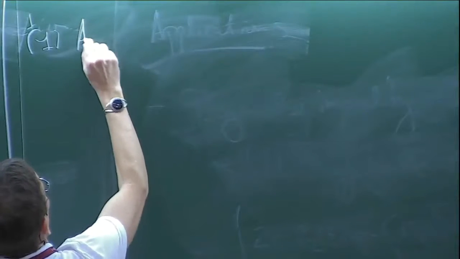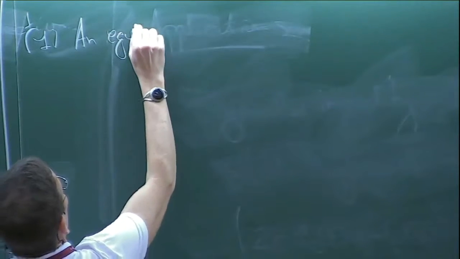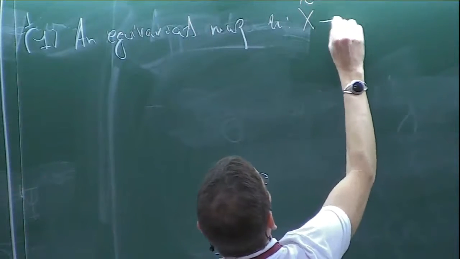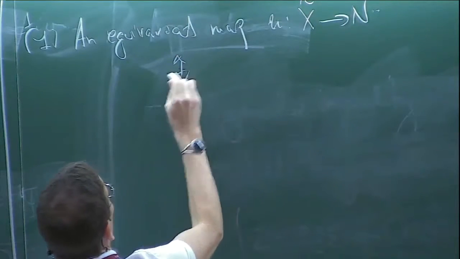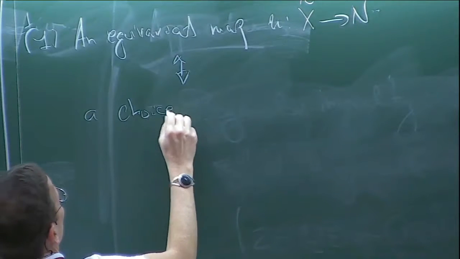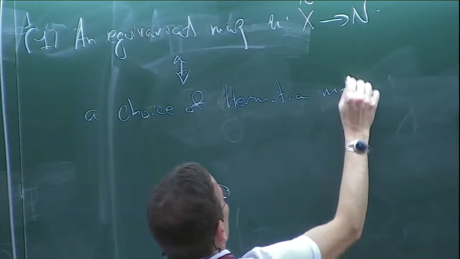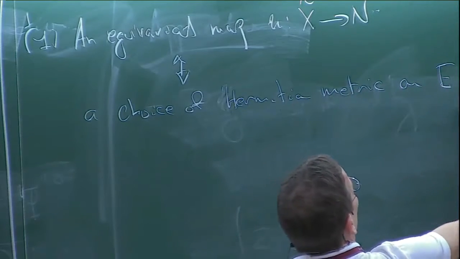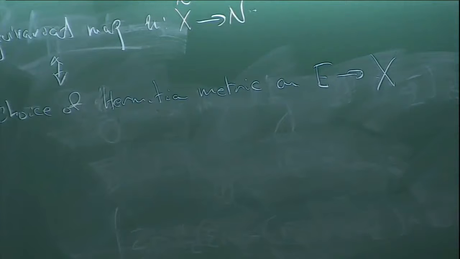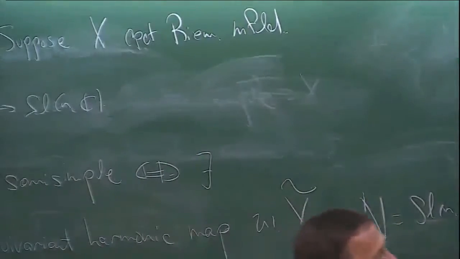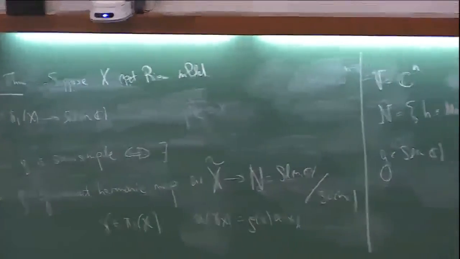First of all, an equivariant map is equivalent to a choice of Hermitian metric on the smooth bundle on X. So this symmetric space is the space of all Hermitian inner products on C^n, and a Hermitian metric on X is simply a family of Hermitian inner products. So this is fairly straightforward.